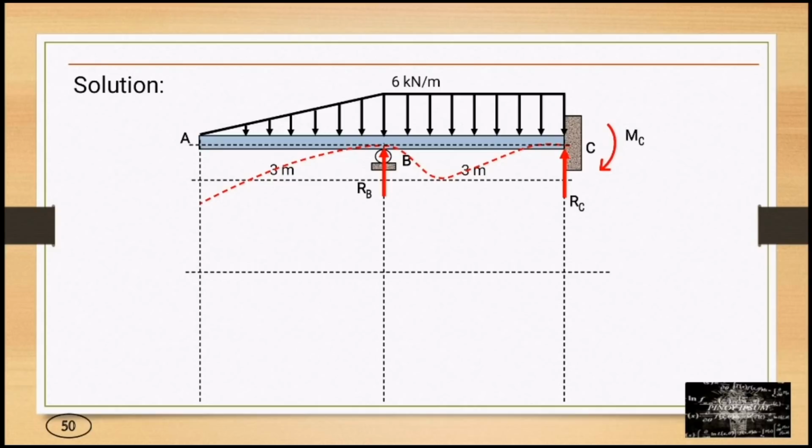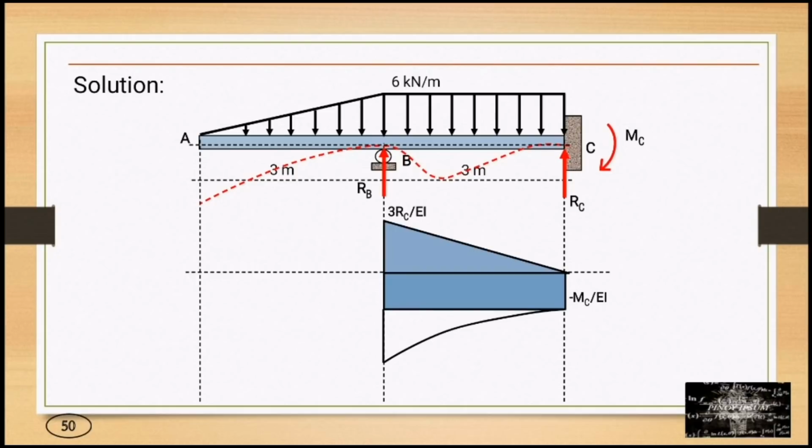Now for the moment by parts, we can take resultant moment at point B. For RC, we have 3RC over EI. For MC, we have negative MC over EI.